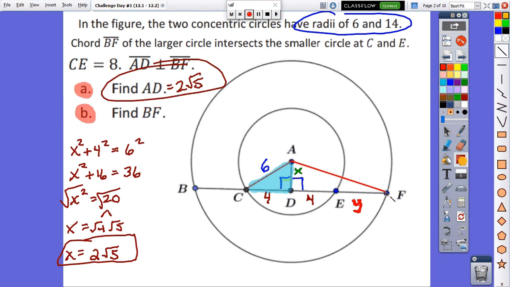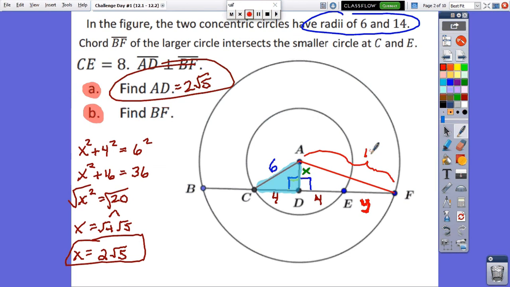Let's say now over here from A to F, that radius has a length of 14. Now, you could set up the Pythagorean theorem with this new right triangle we've established. Remember, x here is that 2 root 5, so we do know the length from A to D now, and the only unknown is this y. So we could set up the Pythagorean theorem here and solve for y.